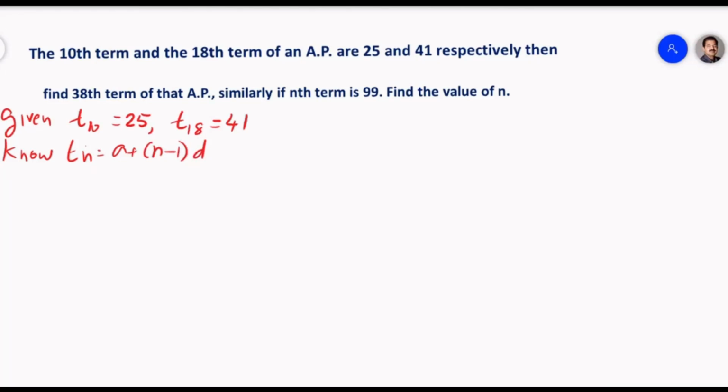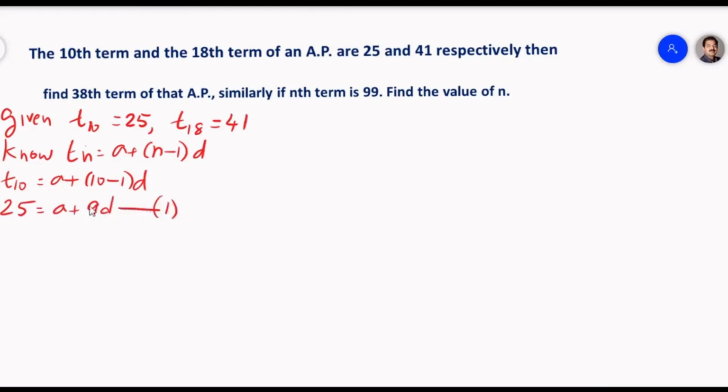In this case, T10, that is the 10th term, according to the formula, we need to write as a plus 10 minus 1 into d. That means T10, which is 25, is equal to a plus 9d, right? Let us put this as the first equation.